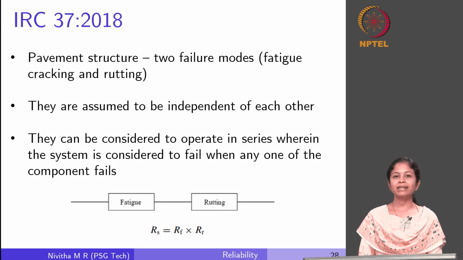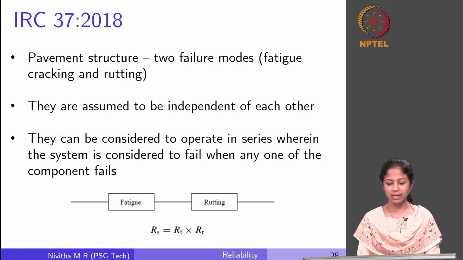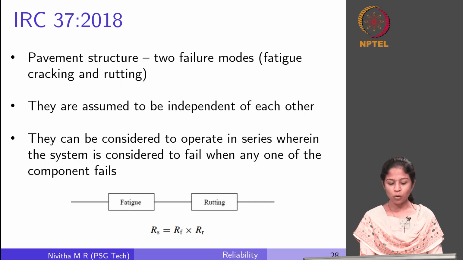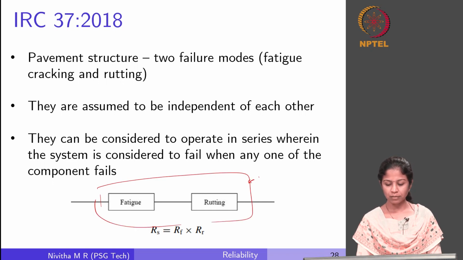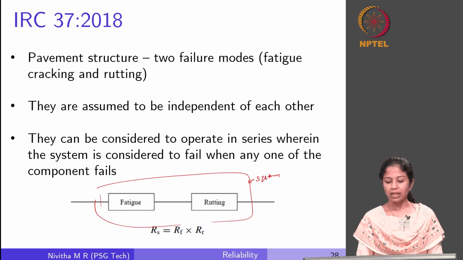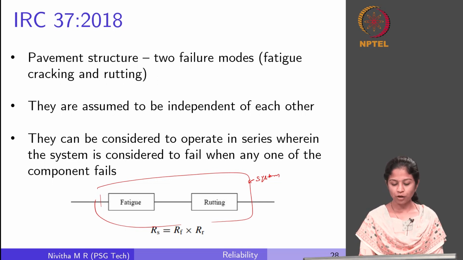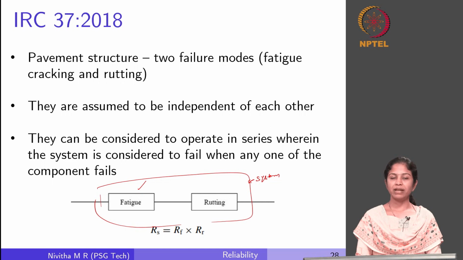Then they can be considered to operate in series, right, wherein this whole system, let us say this is my whole pavement system, is considered to fail only when any one of the components fails. So, either it can fail by rutting or it can fail by fatigue cracking.